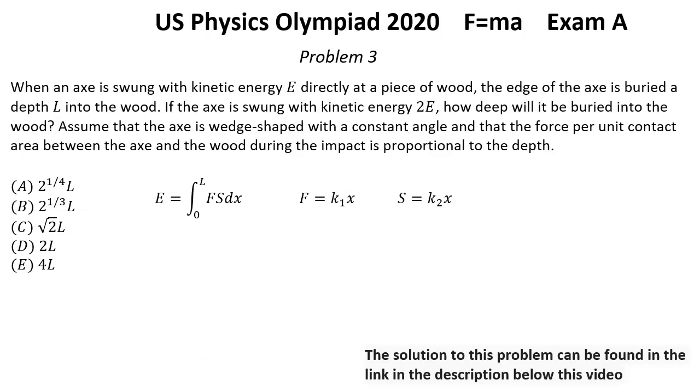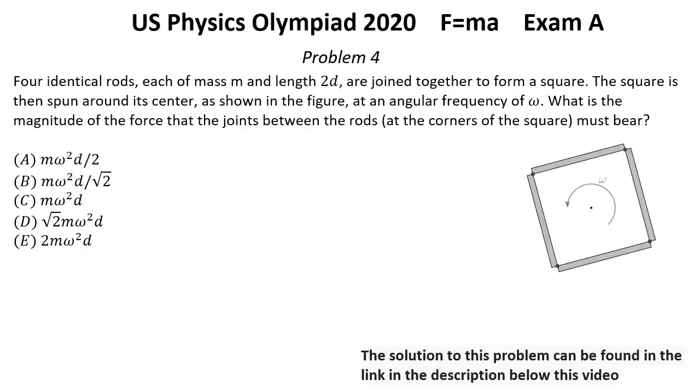So the total energy is proportional to L cubed. It means that L is proportional to energy E to the power 1/3, and if we increase the energy twice, we will get a length equal to the cubic root of 2 times L, and that's answer B, and that was the solution for problem number 3.